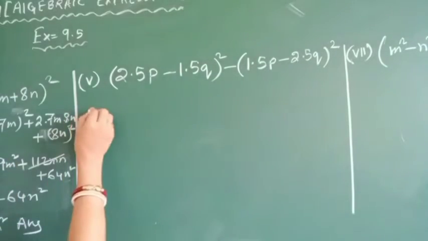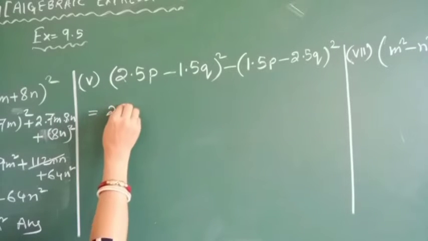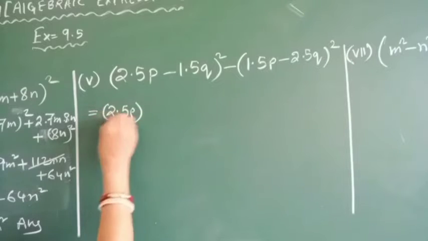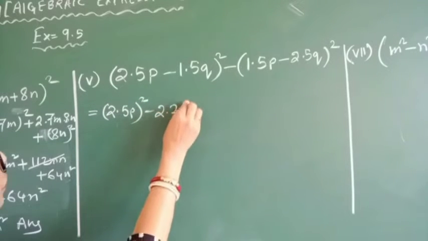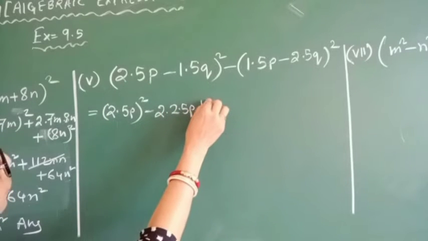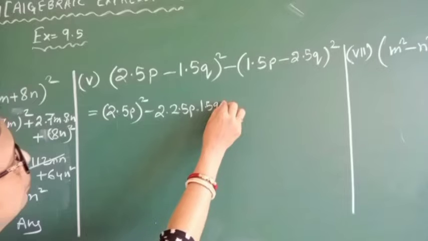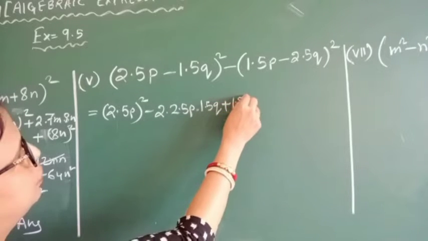So as usual we will do a minus b whole square: a square, (2.5p) whole square, minus 2 into 2.5p, this is our a, into 1.5q, plus (1.5q) whole square.